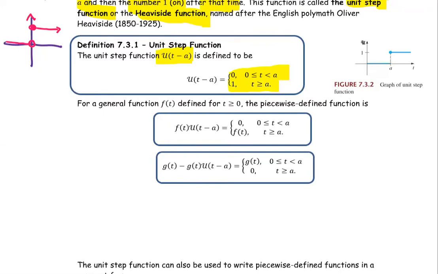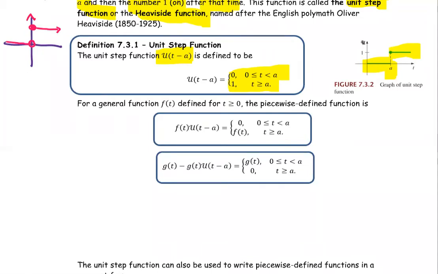The graph of this unit step function is the translation of the original unit step function to the right by a units. So the value of the function between 0 and a, not including a, will be 0, and the function value from t equals a on will be 1.